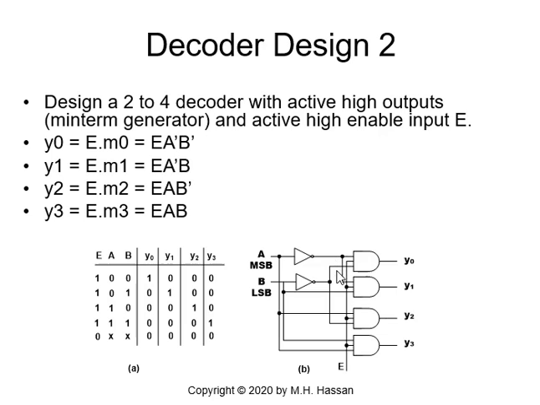So we have A prime and B prime and E, A and B to get Y3, and so on for Y1, Y2. With direct implementation, we get the hardware circuit for the decoder in design 2, which is a 2 to 4 decoder with active high outputs and active high enable input. Again, it's the min-term generator, and we added an enable signal.